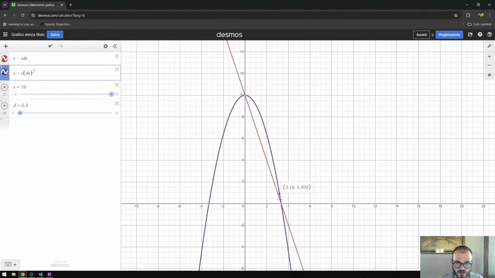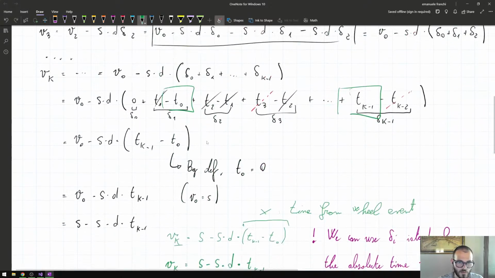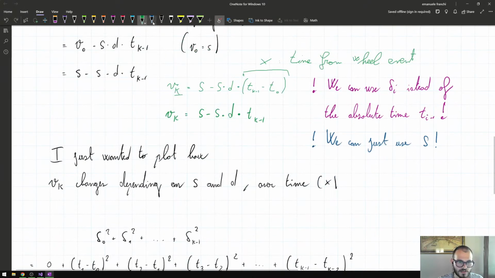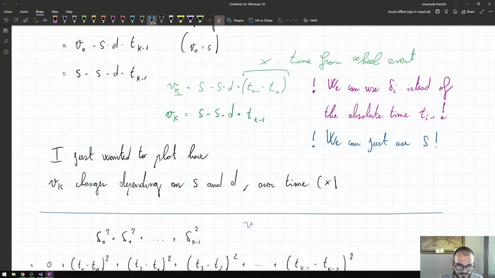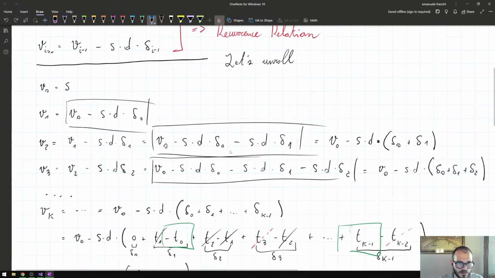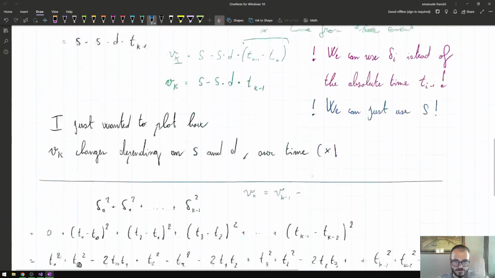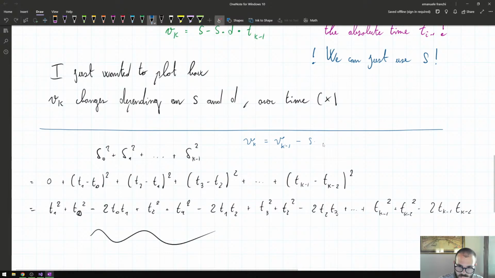So the idea is that we have the squared, and we can simply update our VK like this: vk would be vk minus 1 minus the start times the damping factor squared times the delta k minus 1 squared.